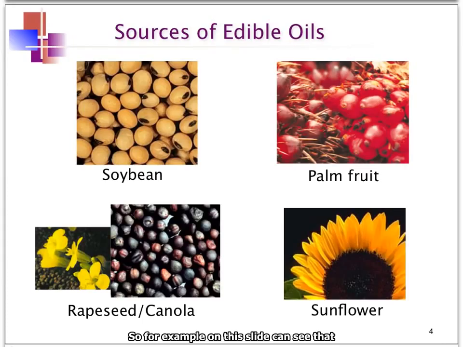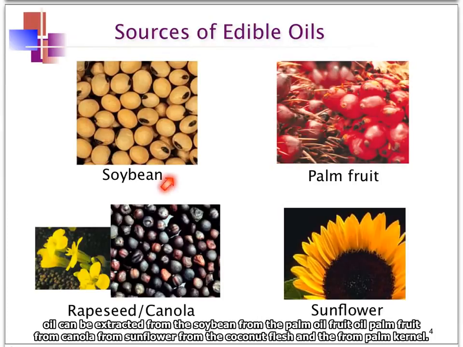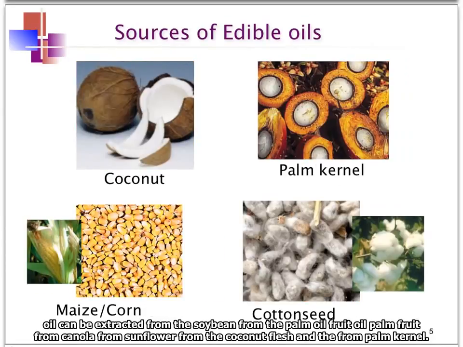For example, on this slide you can see that oil can be extracted from the soybean, from the oil palm fruits, from canola, from sunflower, from the coconut flesh, and from the palm kernel.